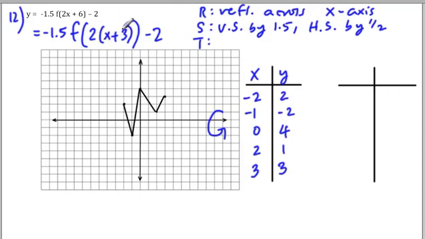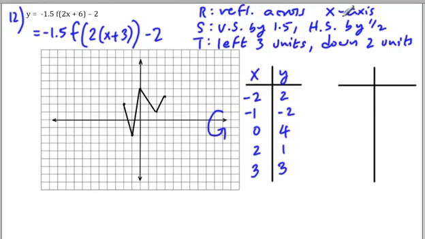So remember, whenever it's plus inside the argument, it just means to the left. So left 3 units. And it's down 2 units. Okay? So let's look at how that sort of changes this.